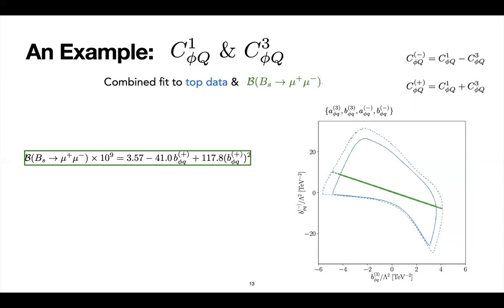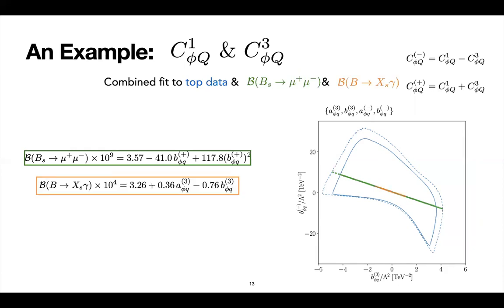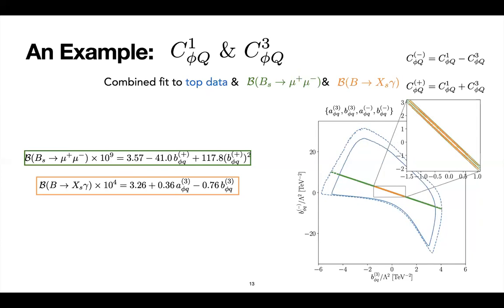So the only constraint is coming from the top data. And here again, if you introduce B to Xs gamma, you will further narrow down this previously least constrained direction. And you can see that also if you zoom in to the interesting region there.